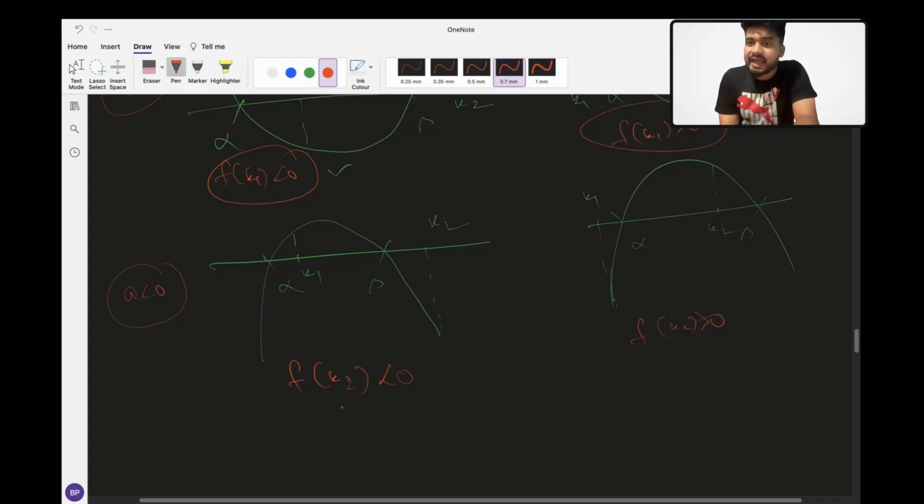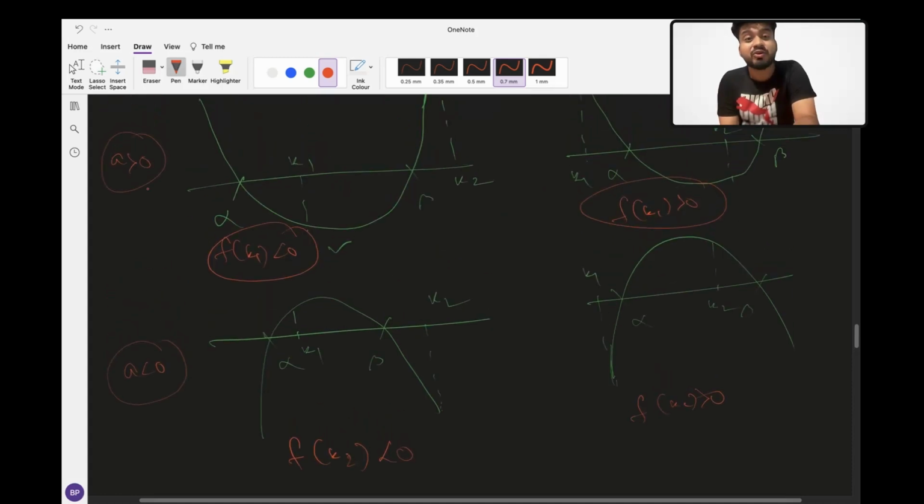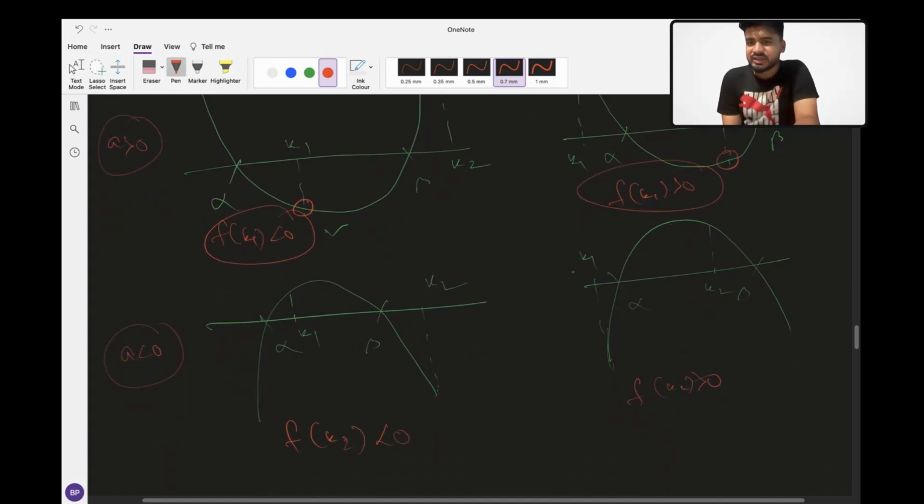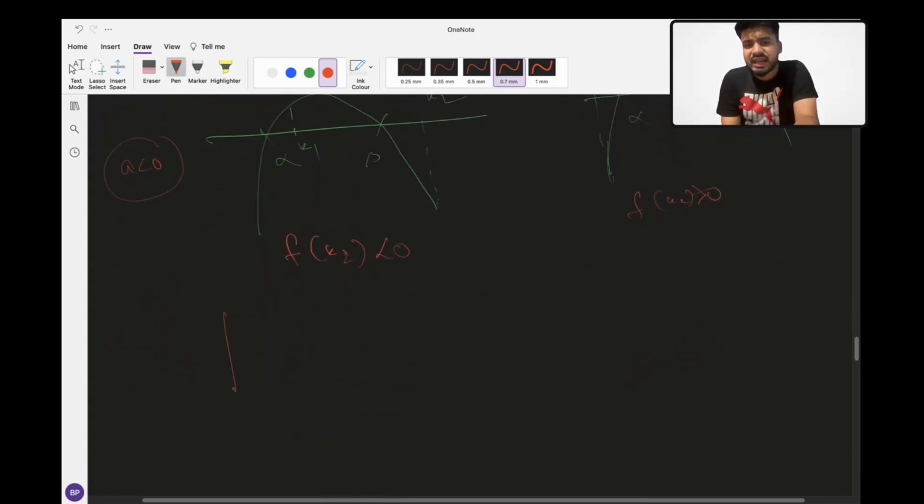So the sign of f of k2 or f of k1 keeps changing when a is the same. That means we cannot comment on f of k1 or f of k2 separately. Rather, when f of k1 is negative, f of k2 comes positive. When f of k1 comes positive, f of k2 comes negative. And the same with these cases also. So to generalize, we can state that f of k1 into f of k2 will be less than 0.